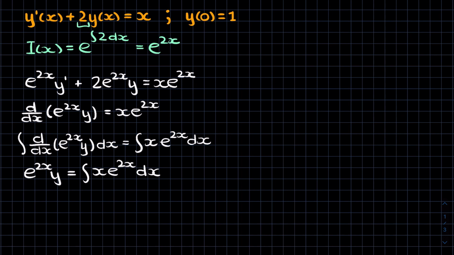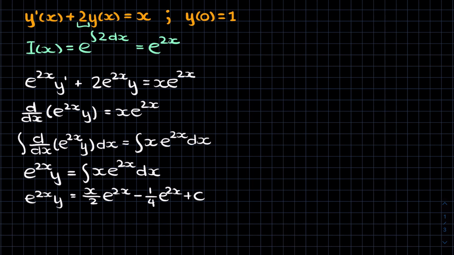Here we need to apply integration by parts, and doing that we're going to get e to the 2x y equals x over 2 e to the 2x minus 1/4 e to the 2x plus our constant of integration c.